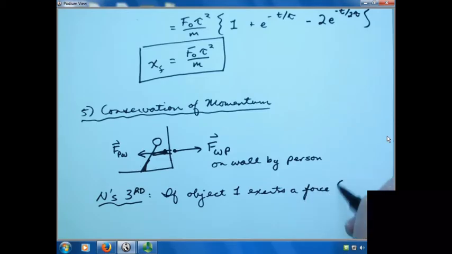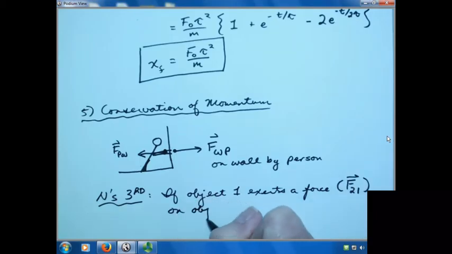And by the way, your author is going to call the force exerted by object 1 the force on object 2 by object 1. So again, notice the notation: on object 2 by object 1.